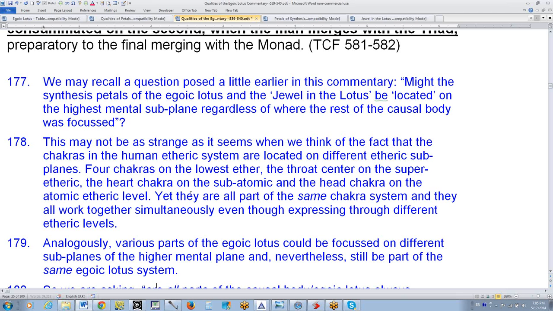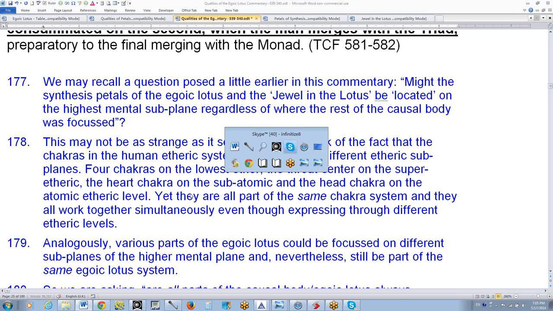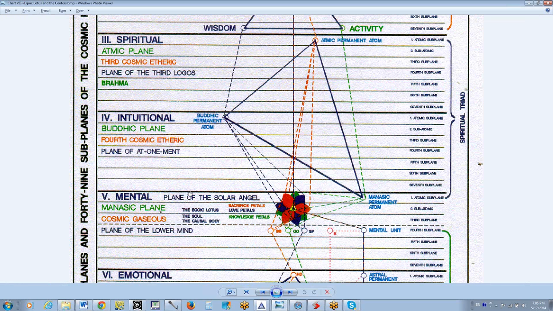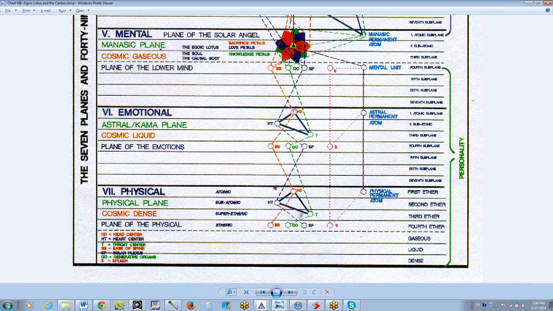You know, we learn that when we, where are we here? Yes, take a look here. The chakras are located on different etheric subplanes. 4 of them, in fact, with the lower chakras on the 4th subplane and the higher, respectively, throat, heart, and head on the 3rd, 2nd, and 1st.